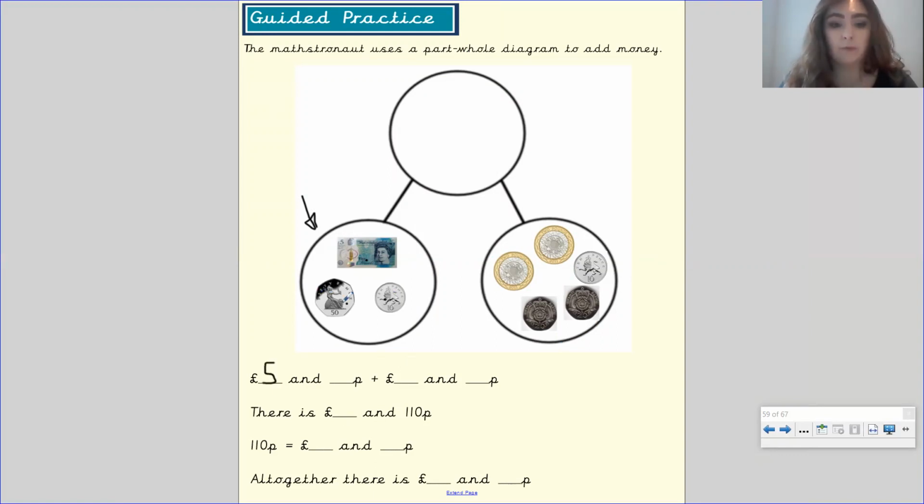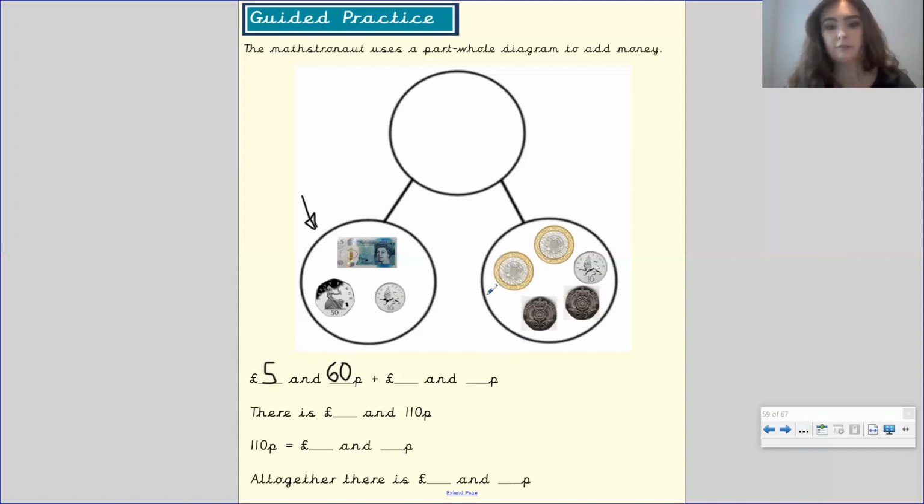And then we've got 50 pence, add 10 pence. What does 50 pence add 10 pence make? Pause the video and have a think. Well done if you got 60 pence. So in this part, we have £5 and 60 pence.